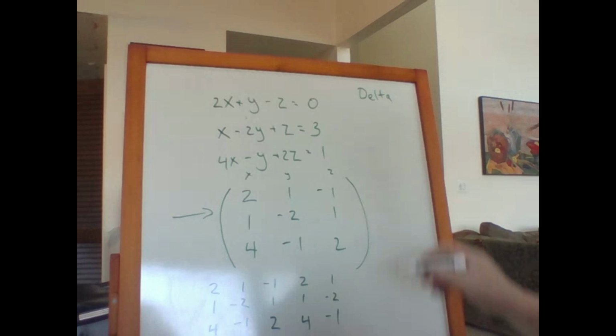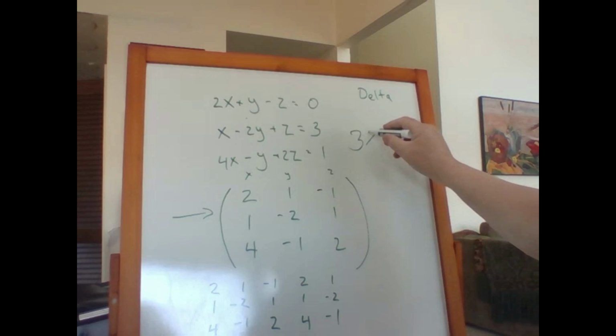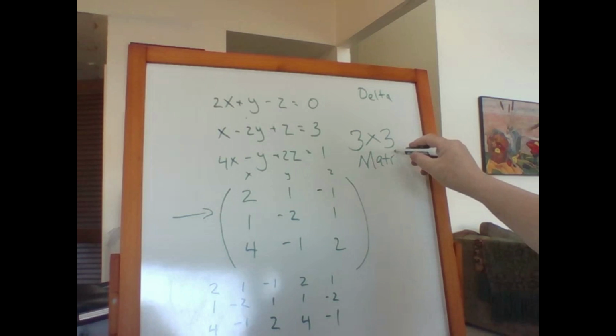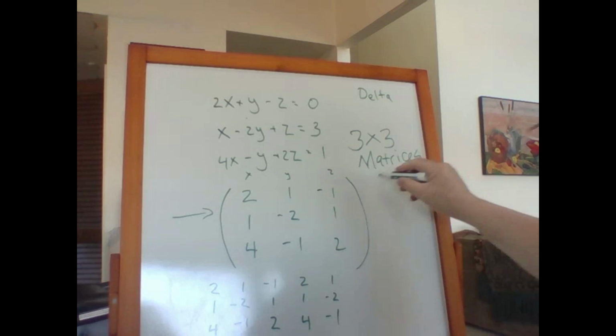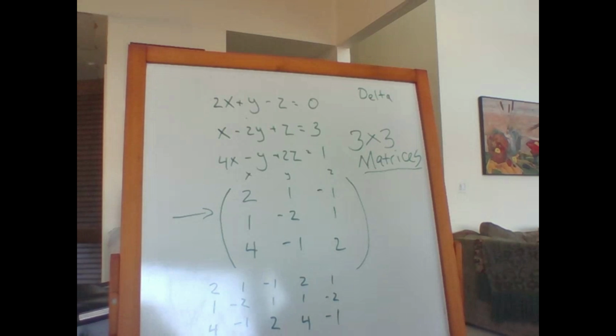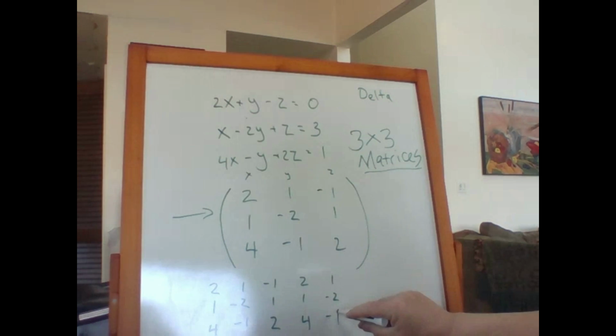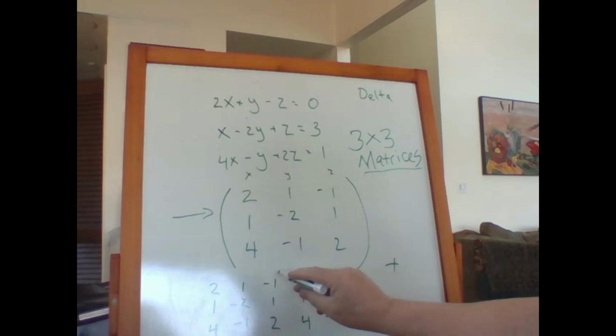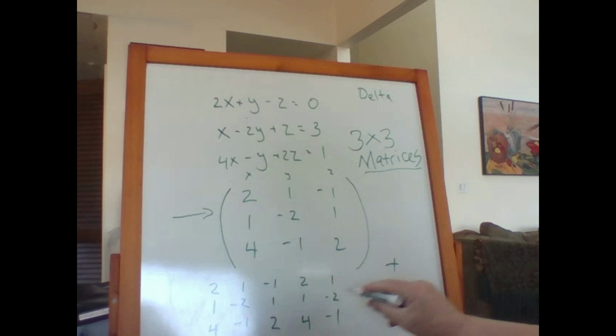Now this only works for 3 by 3 matrices. This trick only works for those. Now we multiply these diagonals, and when we go from left to right in the downward way, they're positive. And when we go from the bottom to the top, left to right, they're negative.